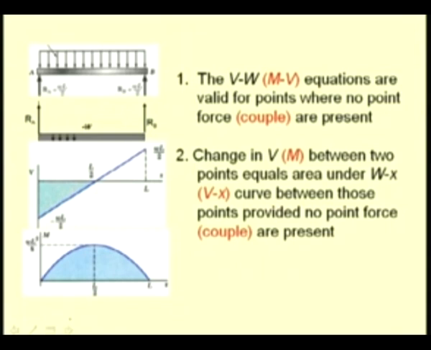And the change in, say, the shear force between 2 points is equal to the area under the load curve, and the same is valid for the bending moment curve also, provided there are no point loads or point couples.